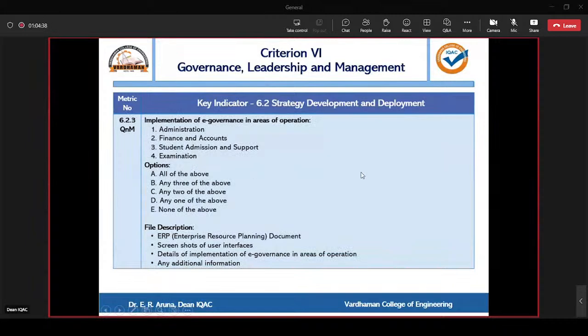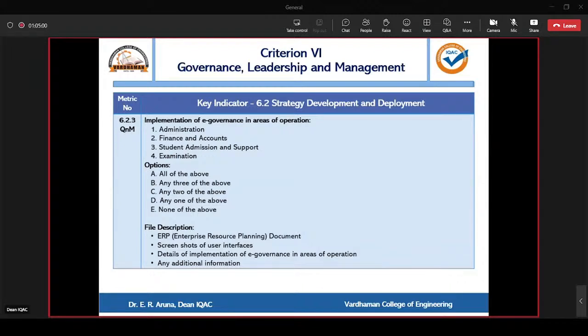So before going to the next key indicator, here is 6.2.3, implementation of e-governance in the areas of operation. As per the SSR, we have one more, planning and development, but here they have given 4 areas of operation: one is administration, second is finance and accounts, third is student admission and support, and fourth is examination.